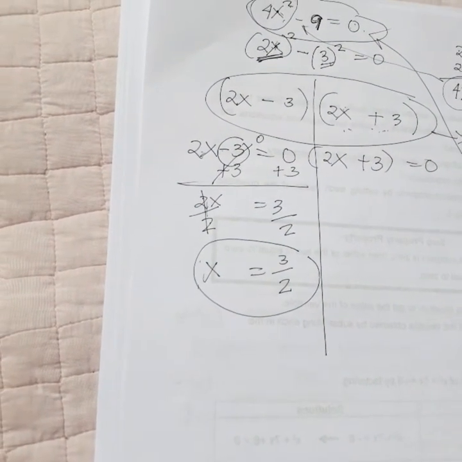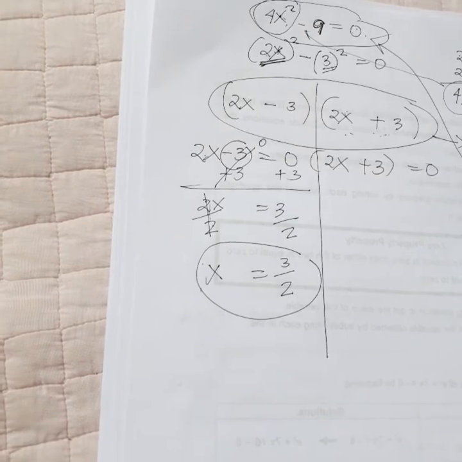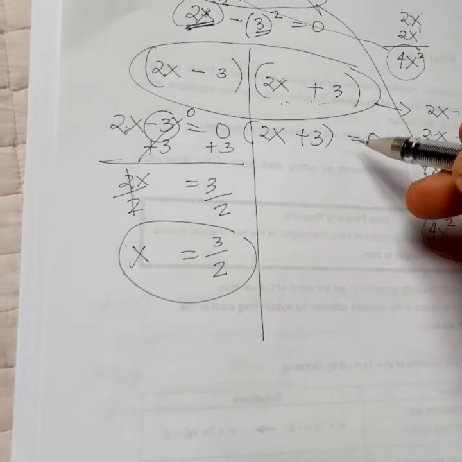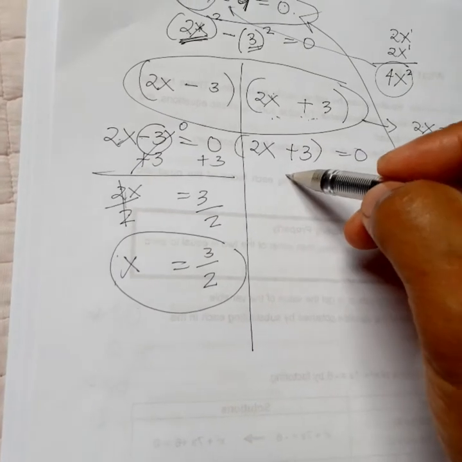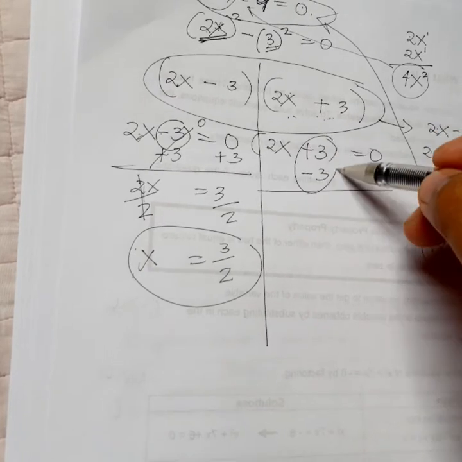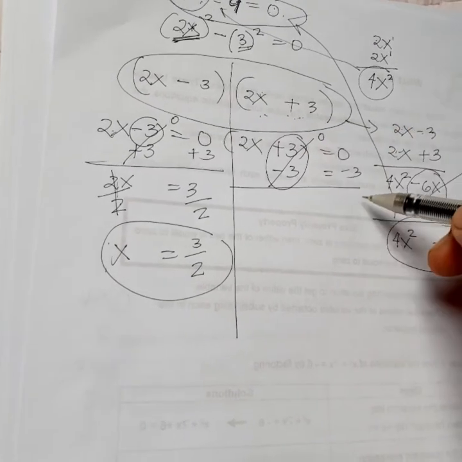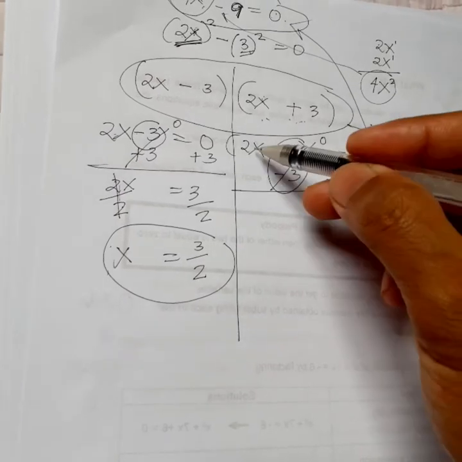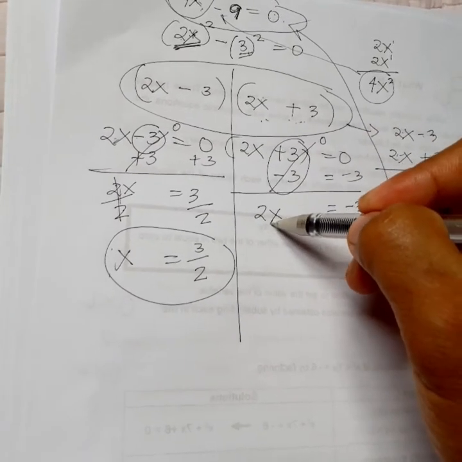Okay? So next, let's find the other root. So we have, these are the same, minus 3 equals minus 3. So this becomes 0 equals negative 3 with 2x.